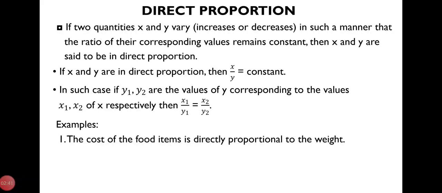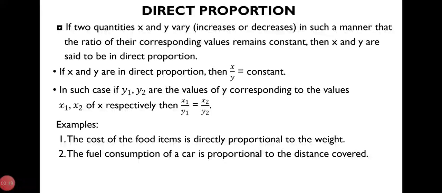If we go and buy potatoes, onions, and take 1 kg of potatoes, the cost will be less. As we increase the kgs of potatoes, the cost will also increase. If we decrease the weight of the food item, the cost will definitely decrease.